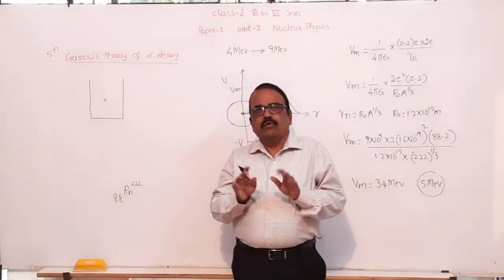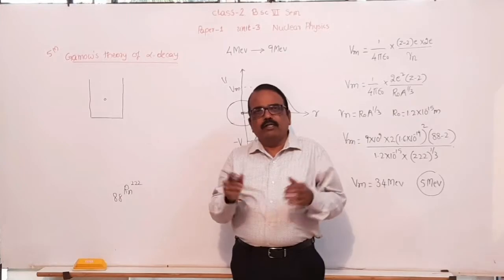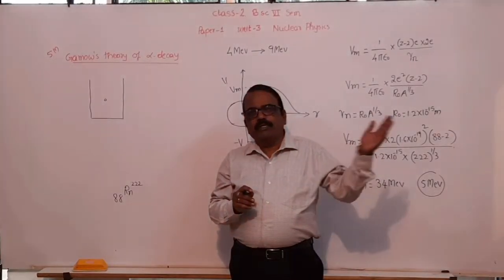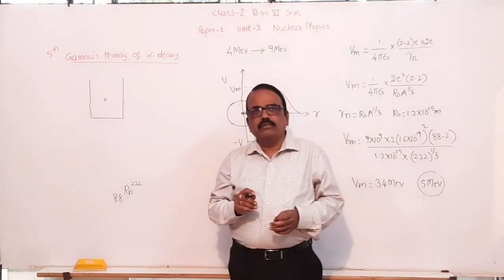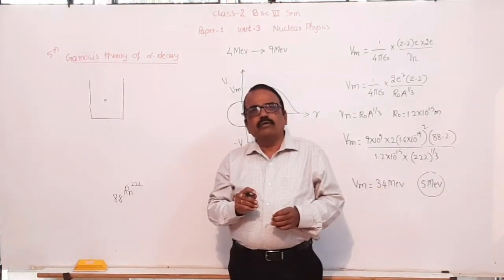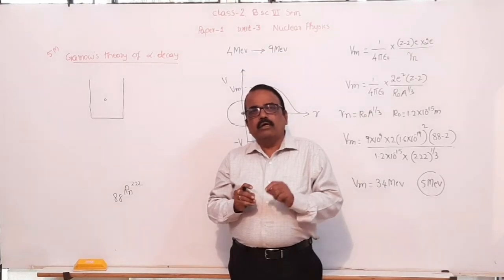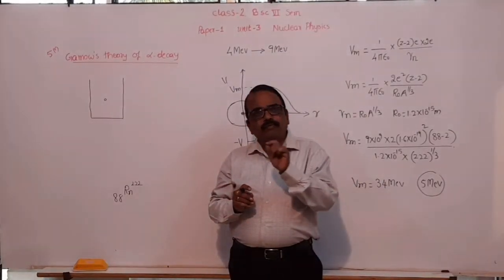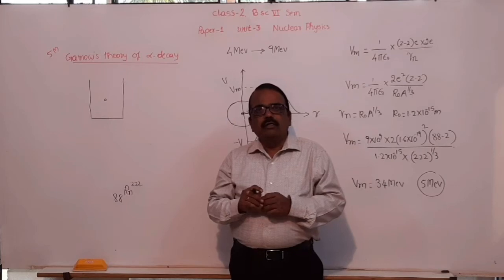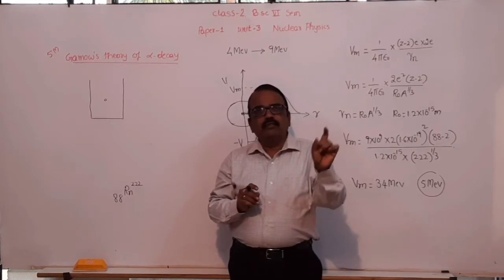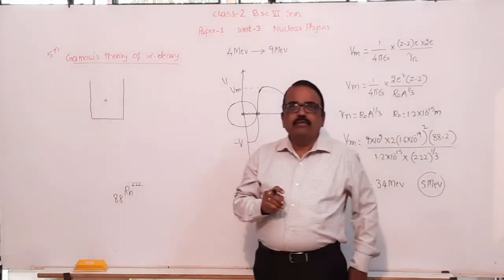So now classical mechanics fails to explain how the alpha particle comes out from the nucleus. So according to quantum mechanics, alpha emission is possible only by penetration through the potential barrier.